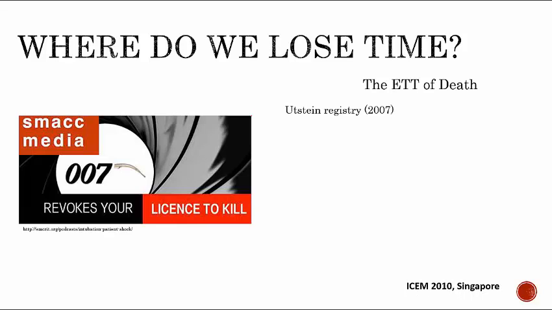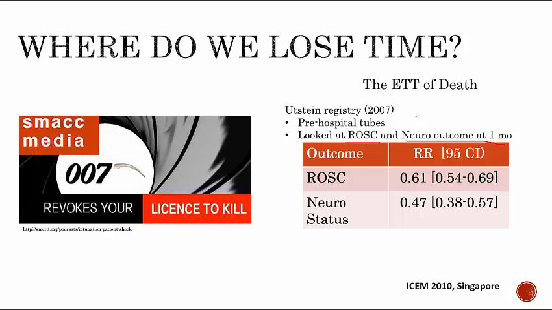So here's one study that looked at this a little bit. In 2010 in Singapore, they were looking at pre-hospital intubations, and they were able to look at both ROSC and neural outcome at 1 month, which is great. And what did they see? They broke their data down by relative risk, and if you can remember, a relative risk less than 1 is a negative association, if you will, with the outcome. So by placing an advanced airway in your out-of-hospital cardiac arrest patients, you decrease your chance of ROSC pretty significantly here.